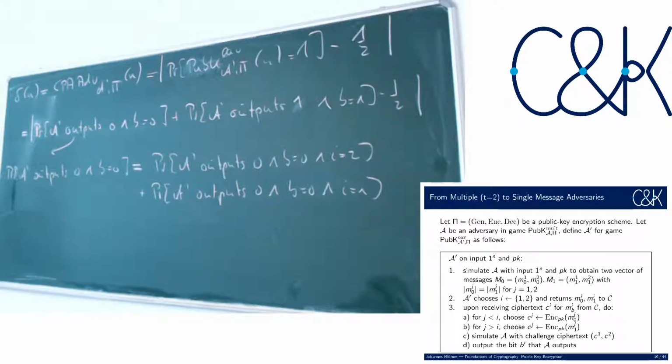Good. Then by conditional probabilities, this is the same as the probability that A prime outputs 0 conditioned on B is 0 and I is equal to 2 times the probability that... now let me just see what I wrote here.